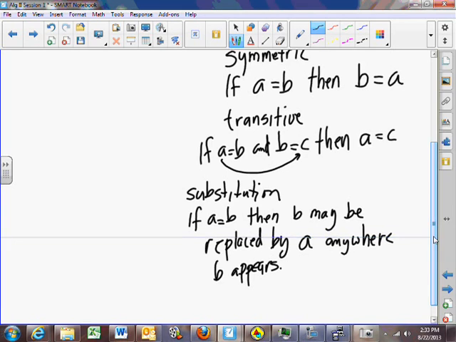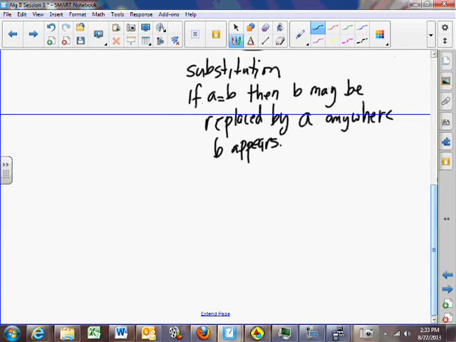Now, the next property of equality that we want to talk about is oftentimes abbreviated APE. This stands for the addition property of equality.